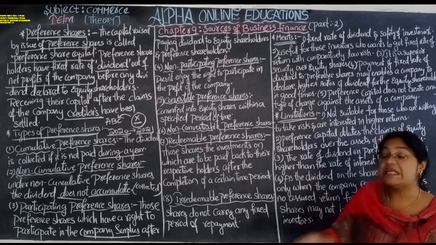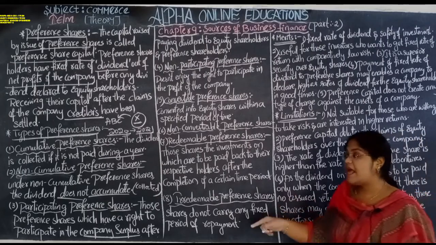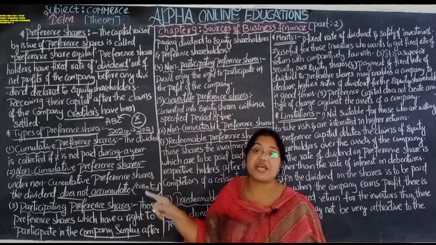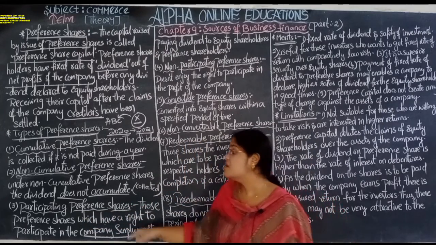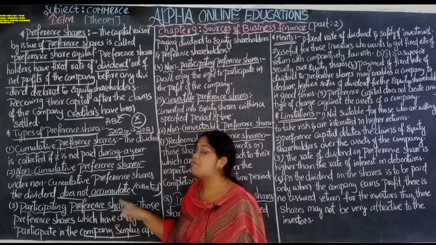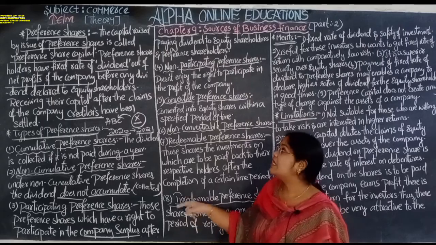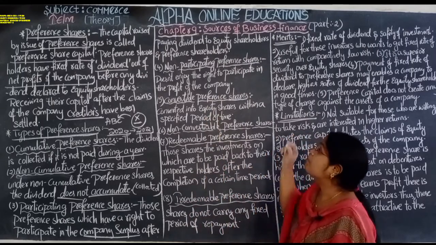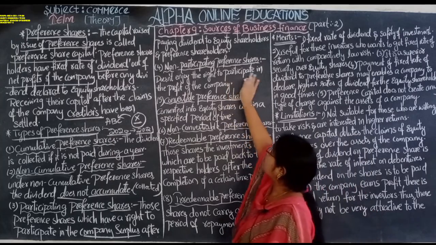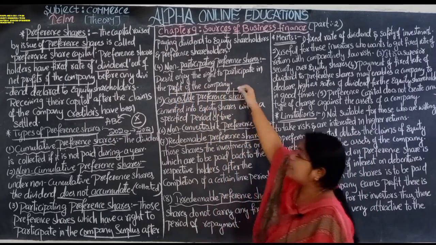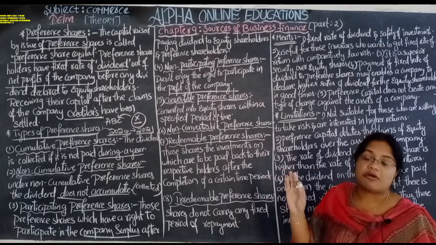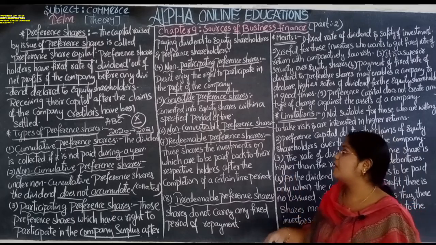If any surplus amount remains, that amount is taken by the participating preference shareholders. Non-participating preference shares do not enjoy the right to participate in the profit of the company. They will not participate in collecting any excess or surplus amount of the company.